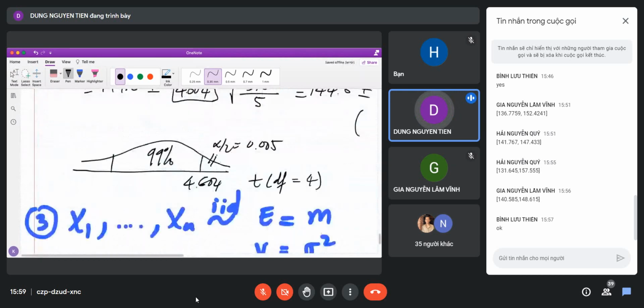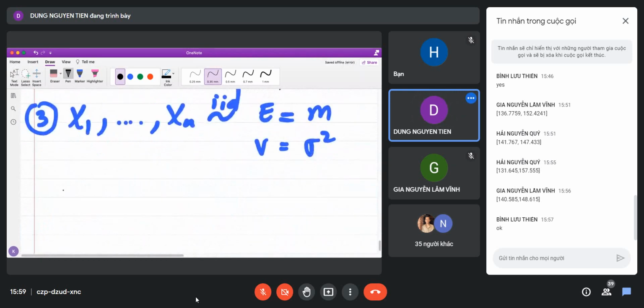However, back to this. How can I get a confidence interval, how can I get the distribution of x bar if I don't even know the distribution of xi? Well, x bar is x1 plus up to xn divided by n. And you don't know the distribution of x1, you don't know the distribution of x2, you don't know the distribution of all these things. How can we get the distribution of x bar?